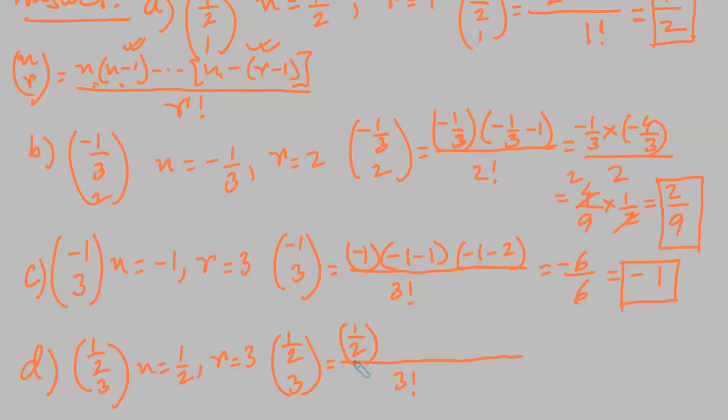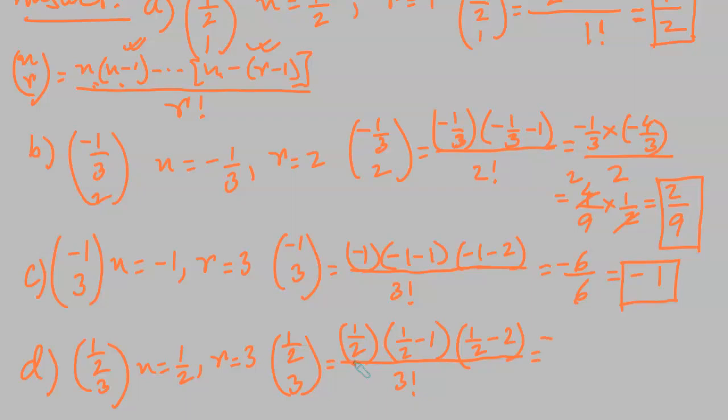Okay. So first factor is half, second factor is half minus 1, third factor is half minus 2. Half minus 1 is minus half, that is negative half. Negative half times positive half is negative 1 over 4.